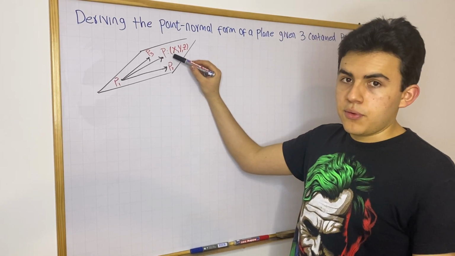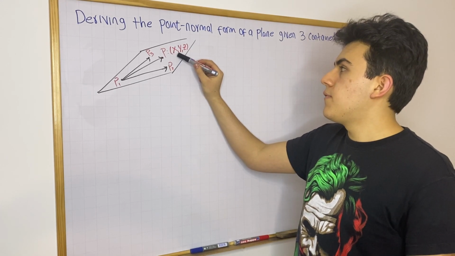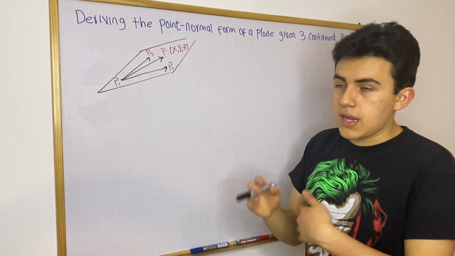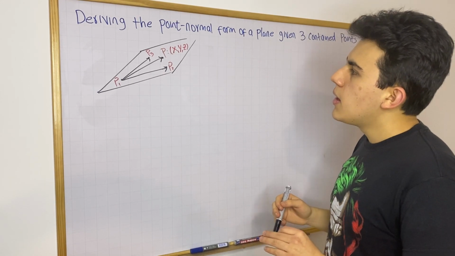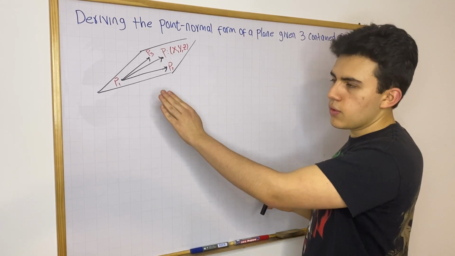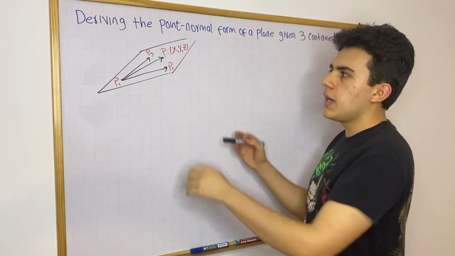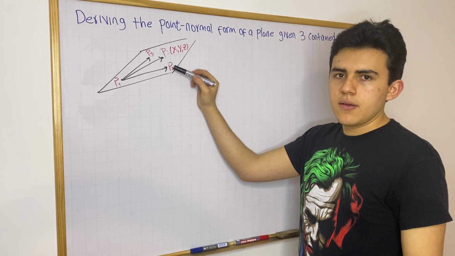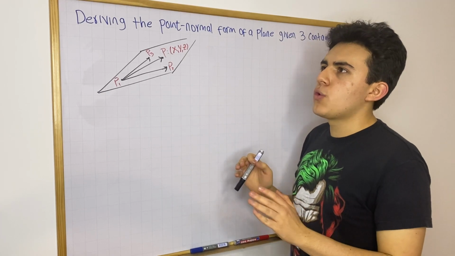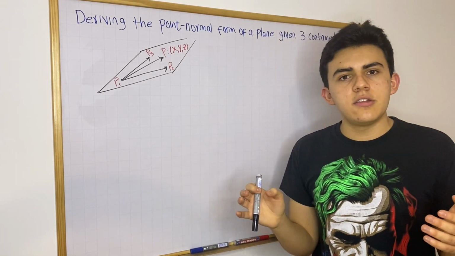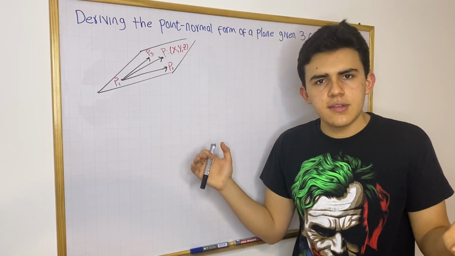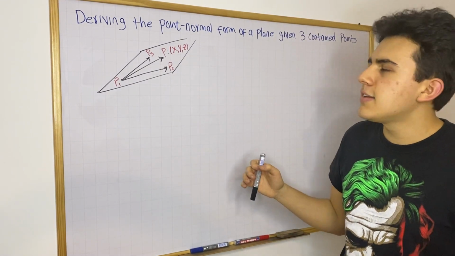So now, this is the line of reasoning we need to follow. If we have this P point here, which will have general coordinates X, Y, Z for any X, Y, Z in space, then we know there will be a relationship between a vector that is normal to this plane and P, okay? Now, what do I mean by a vector normal to this plane? Well, normal in math simply means that it's orthogonal, or 90 degrees, or pi over 2 radians.